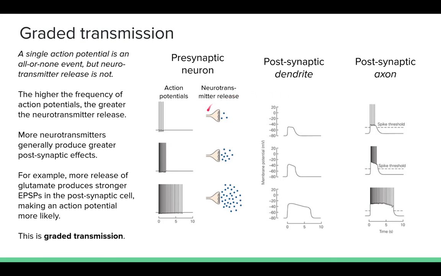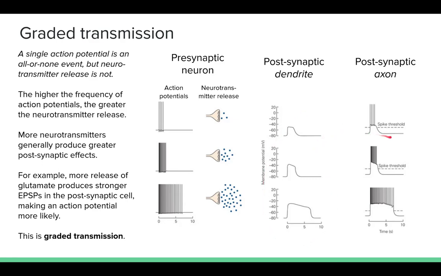If we only have a small release of neurotransmitter, then we're only going to get a small change in the postsynaptic potential. If we have a large increase in neurotransmitter, then we're going to get a large change in the postsynaptic voltage.